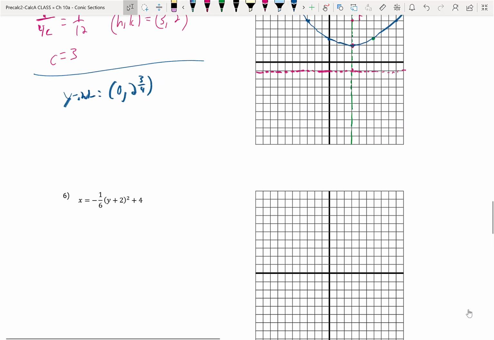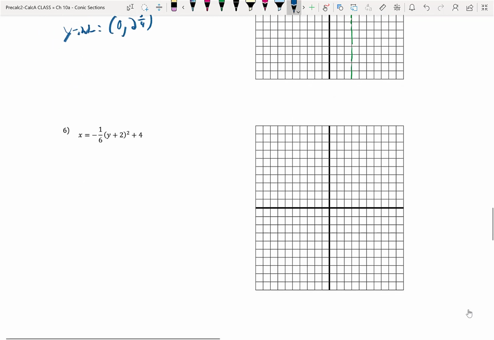Next, this one's going to be a little bit tricky. I know that 1 over 6 is equal to 1 over 4c, which means that c is equal to 3/2. I know that hk is the ordered pair 4, -2. Remember, they're reversed since it's an x equals. And I know this one opens left.